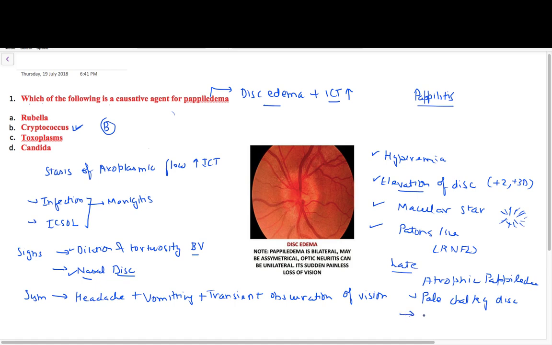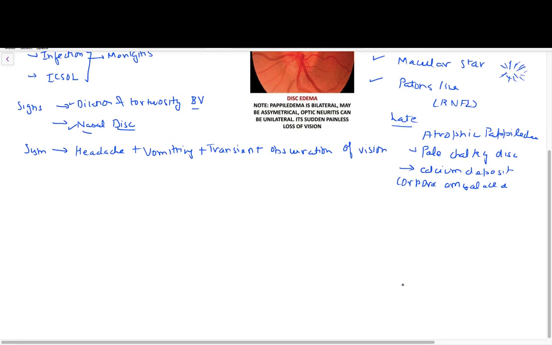Also, in these cases, you can get calcium deposits. These calcium deposits on the disc are called corpora amylacea. So these are the important features of late stage papilledema.